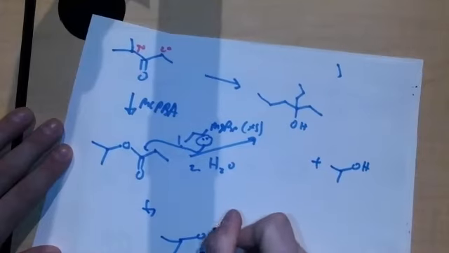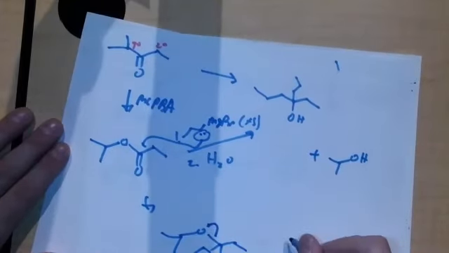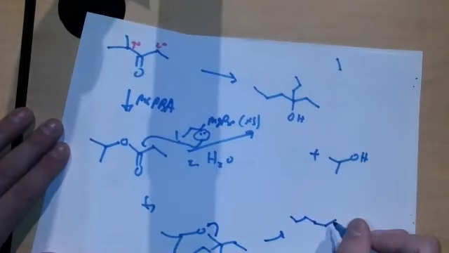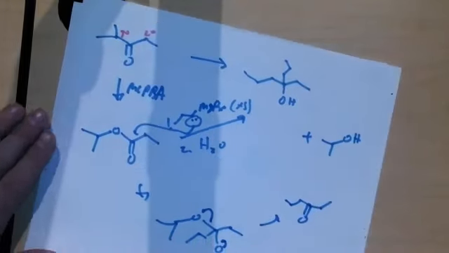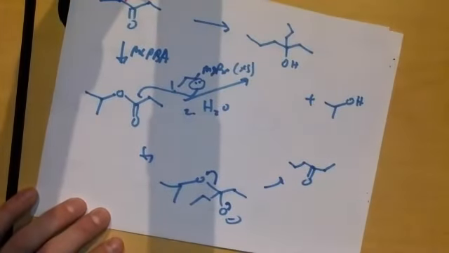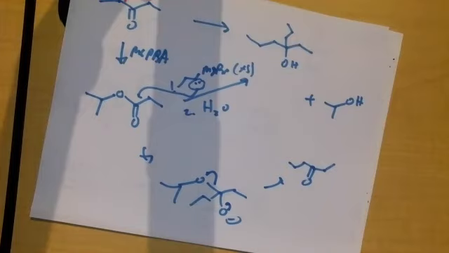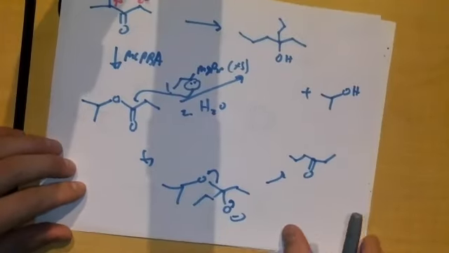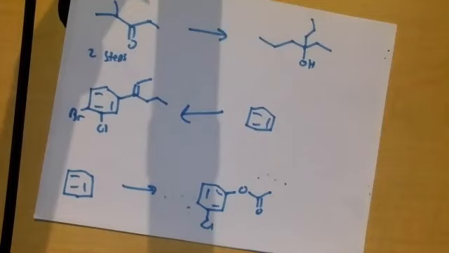You're going to kick out this isopropyl, make the single substituted, and then another Grignard will come in and kick out that other one. You're just doing a Grignard with an ester.